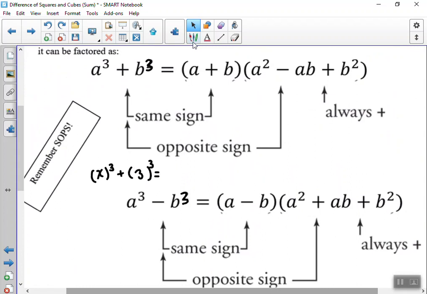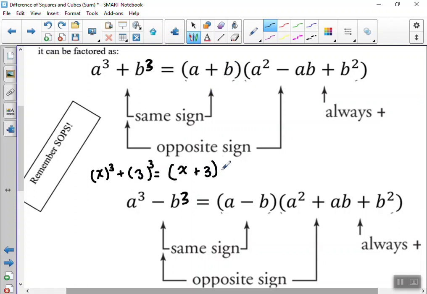All right, so for this question, what is my A here? X, yep. Plus, what's my B here? 3. Parentheses, what is my A here again?